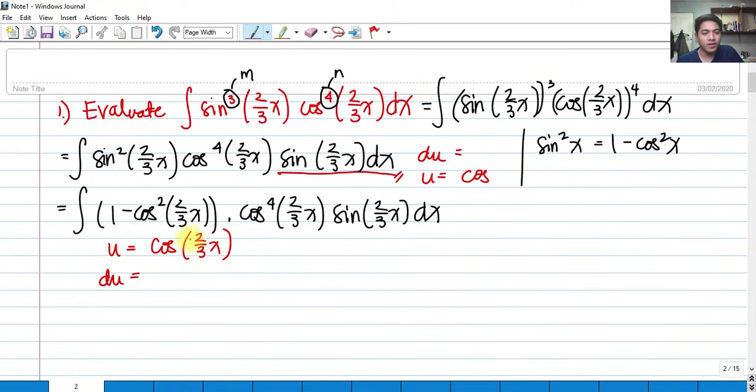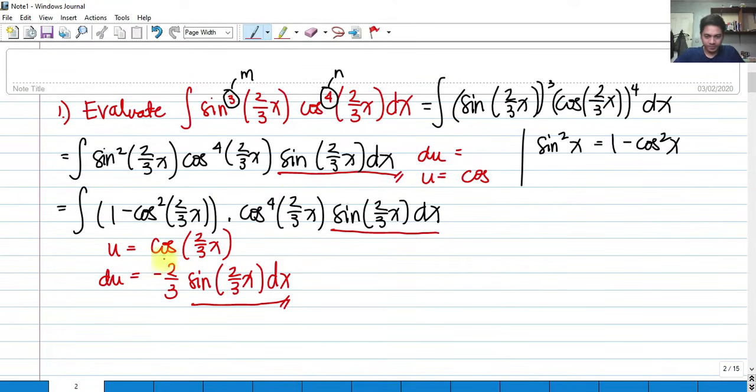The derivative of this is simply negative 2/3 sine of 2/3 x dx, of which sine 2/3 x dx is already available here. So we need a correction factor, the reciprocal of this, outside of the integral in order for us to simply substitute this.